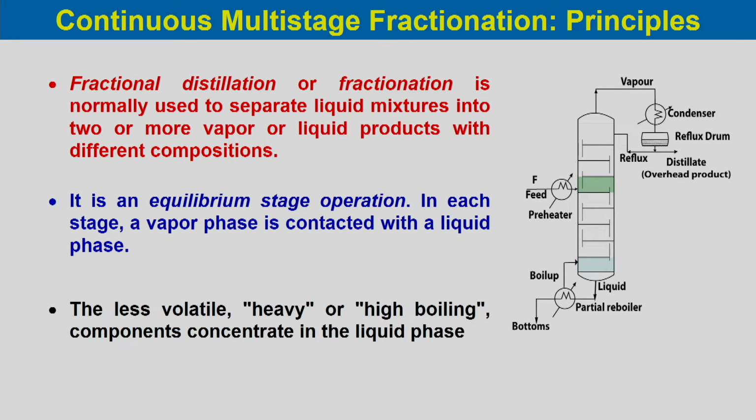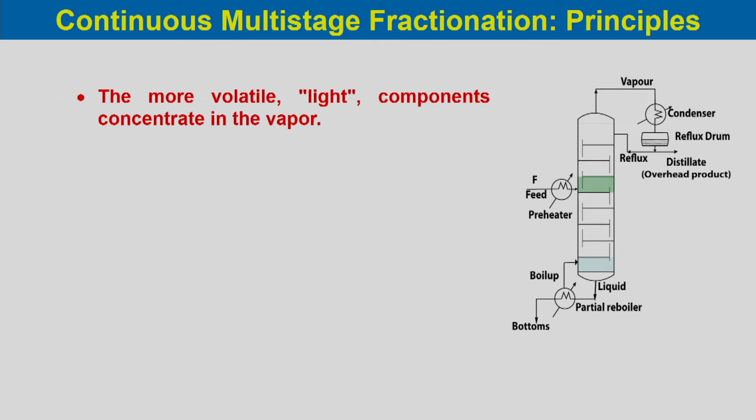So, the less volatile, that is called heavy components, or the high boiling components, concentrate in the liquid phase, and the more volatile component, which is called light component, concentrates in the vapor phase.